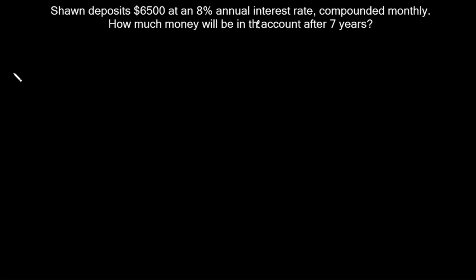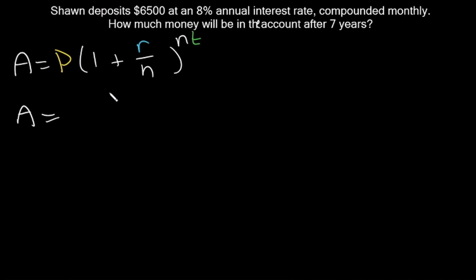So let's start by writing our equation again. A is going to be equal to P multiplied by 1 plus our rate divided by n, and then raised to the n times t power. So now let's fill this in.